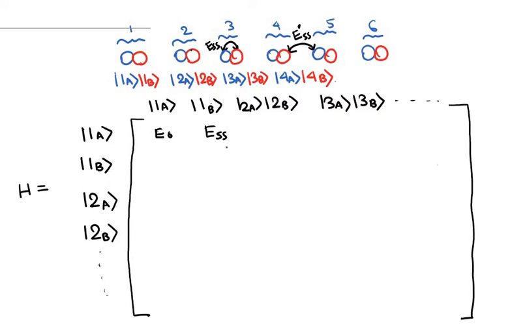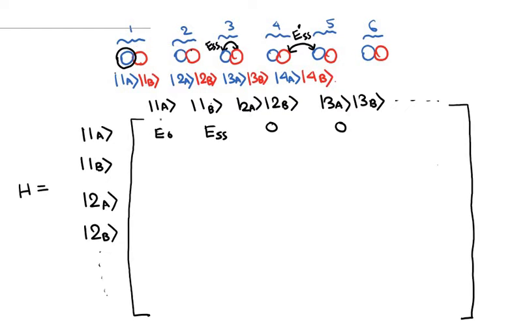Now the coupling between these two atoms I have to consider, because this atom is the next nearest neighbor of this atom, and the coupling between these two atoms, as I said, is ESS dash. In the first row all other elements are 0, because I am writing the equation for this atom, which is not directly coupled to the atoms over here.